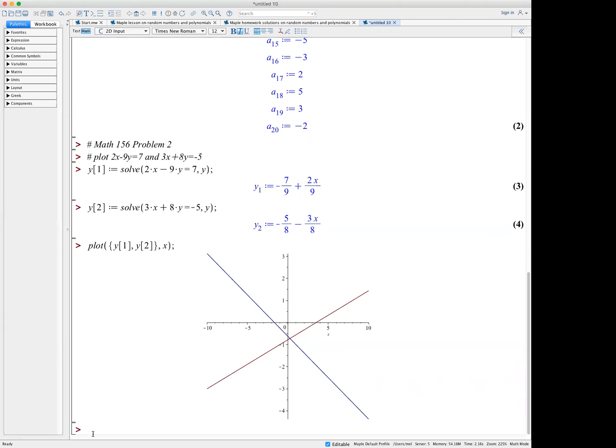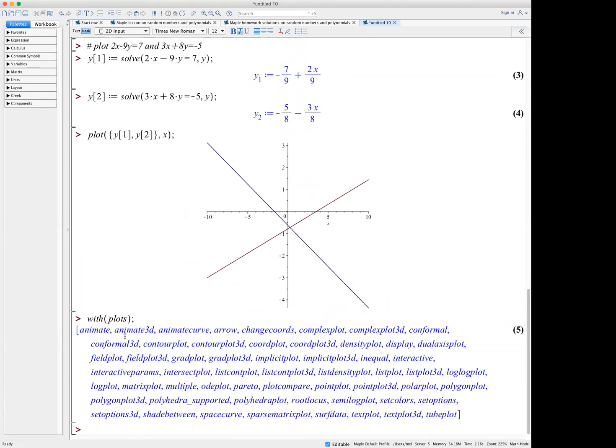Another way to do it is we could use the implicit plot command. So we open the plots package. I don't need to see that.